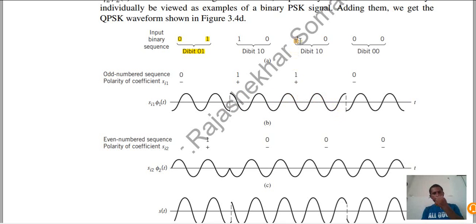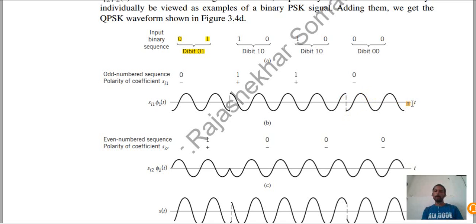Now come to the third dibit, that is 1 0, followed the same way as 0 1, and at this point it continues 1 0. Immediately after the third dibit, the bit has to start as minus, but here it appears as positive, so that will come down to minus and the signal will be continued.